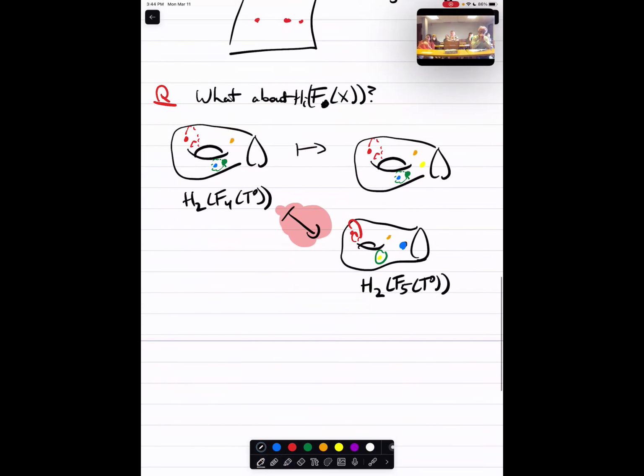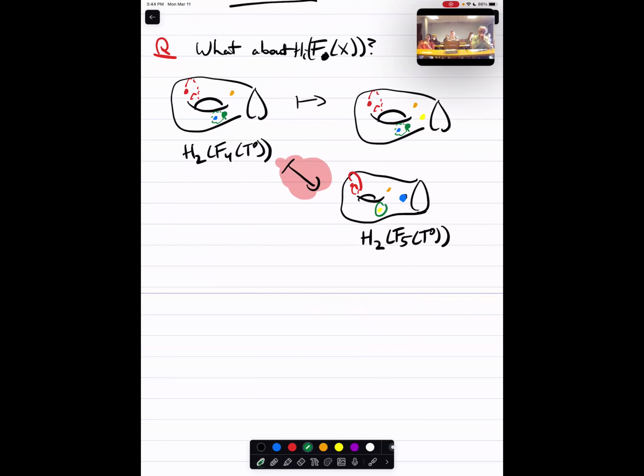And it's a theorem of Church, Ellenberg, and Farb, that if you do this and consider the twisting by the symmetric group action, you get almost the exact same result as McDuff-Segal in this module over an algebra sense.